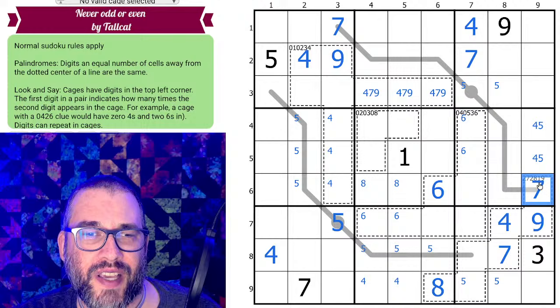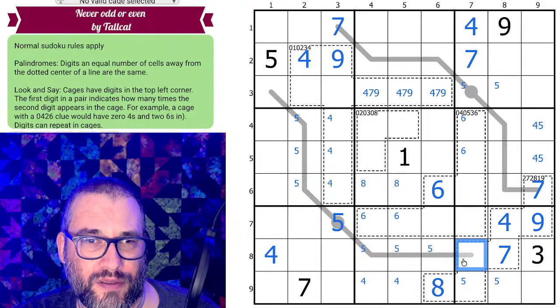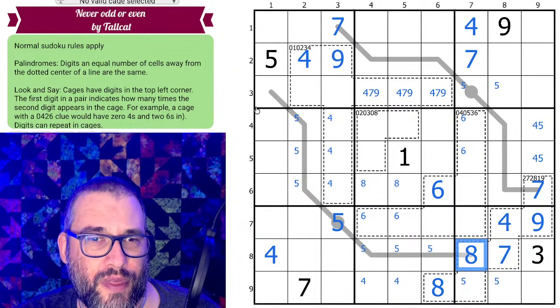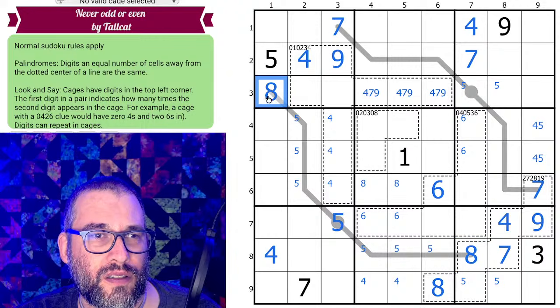Oh, we need our second 8 in this cage. So it'll go there.